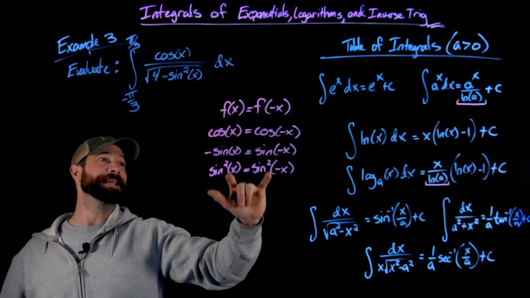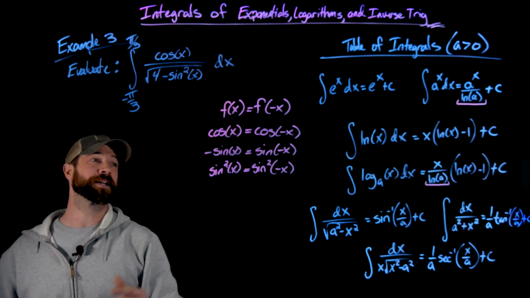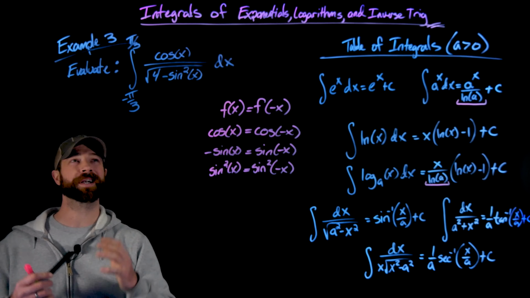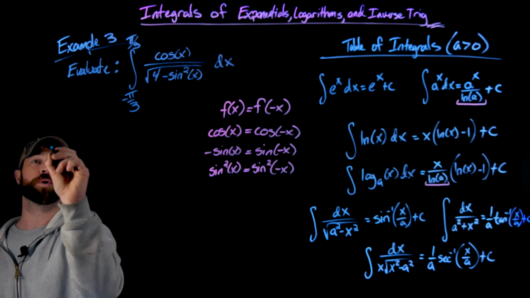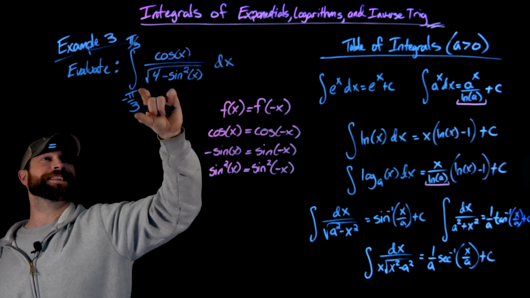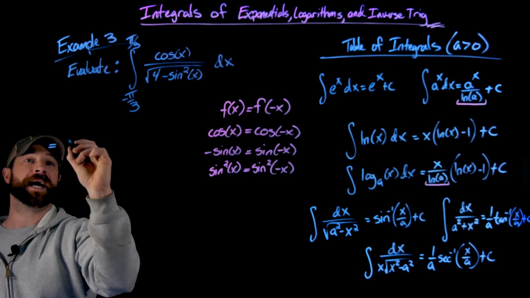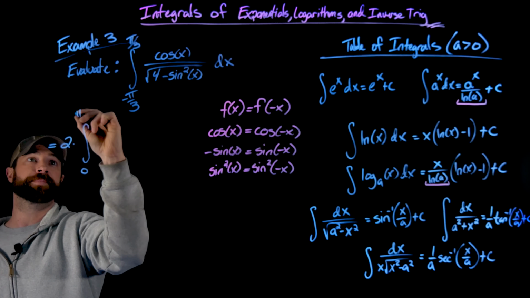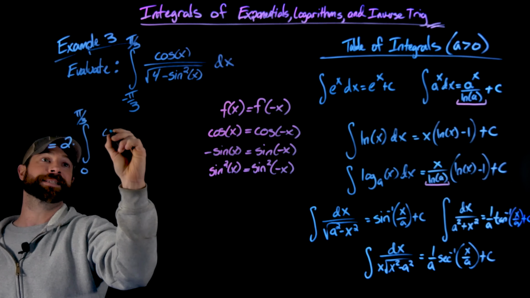And again, what that means is that this function right here then is even. And what that does for us, it's not huge here, but I want to show this because it is useful moving forward in different cases. That means I can, instead of integrating from negative pi over 3 to pi over 3, write this as 2 times the integral from 0 to pi over 3 of this same function.